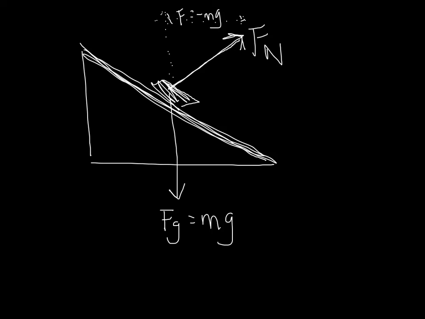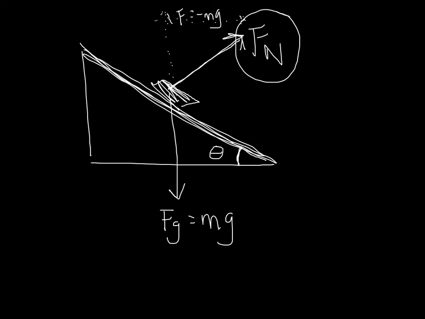So most often when we get problems like this, they give us the angle of that inclined plane, which allows us to get some information about how to calculate this normal force. But we will go into that later in the future.